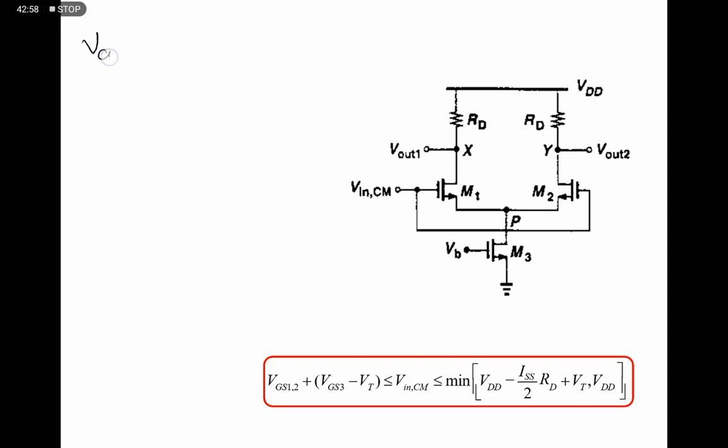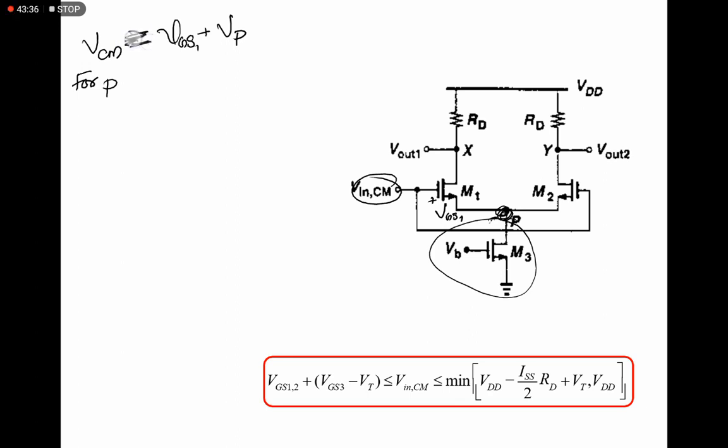So VCM is nothing but plus minus VGS1, and here VCM must be greater than or equal to VGS1 plus this voltage, and from this we will get, for the proper operation of M3, plus VP.